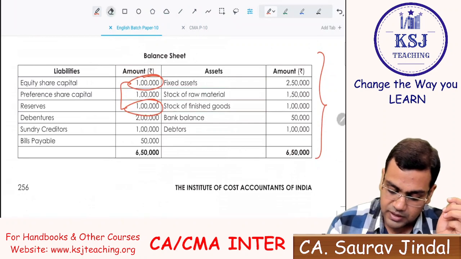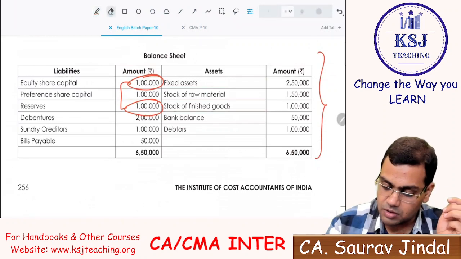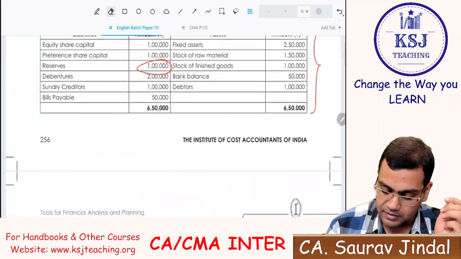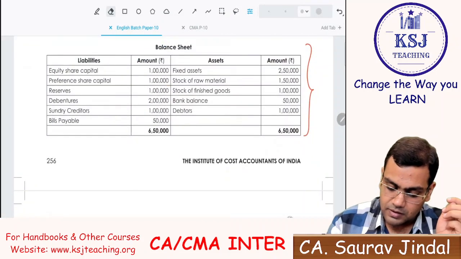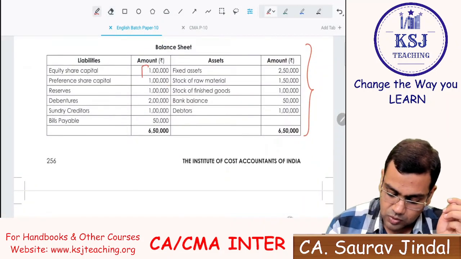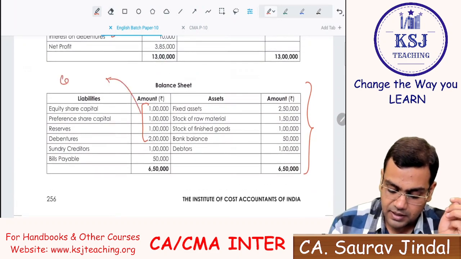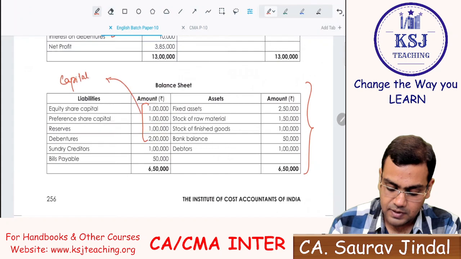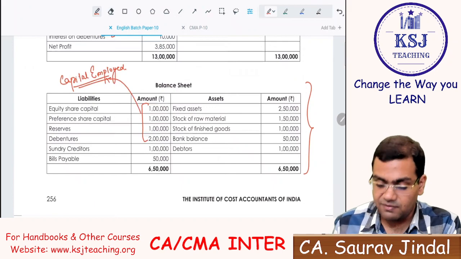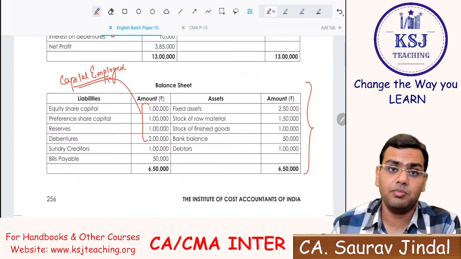Basically, the capital here means this part. If you want to talk about the capital, sir, what is capital employed? This whole part is your capital employed, right? So he says by employing this much capital of 5 lakh rupees, what is the operational profit that you are earning?